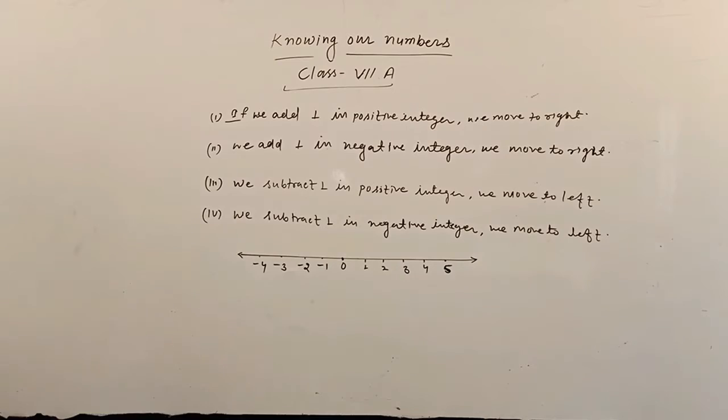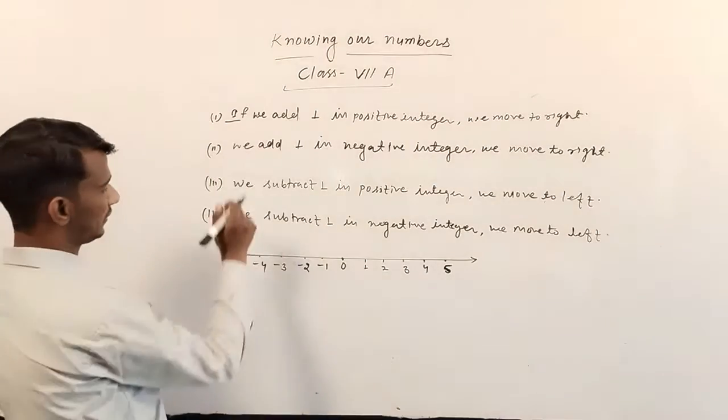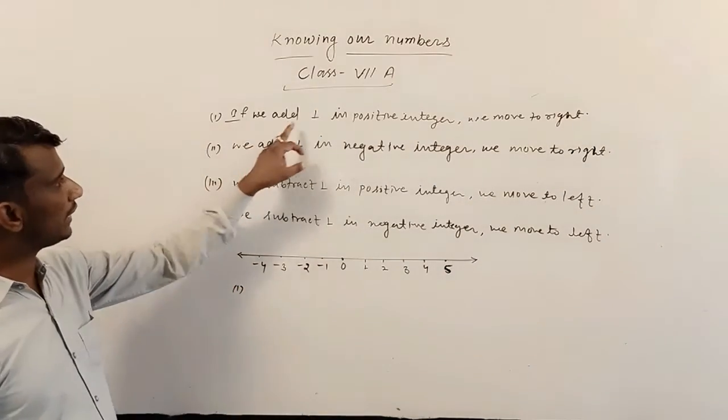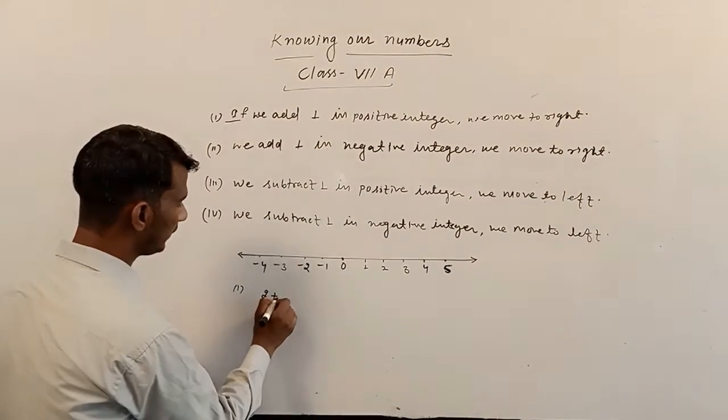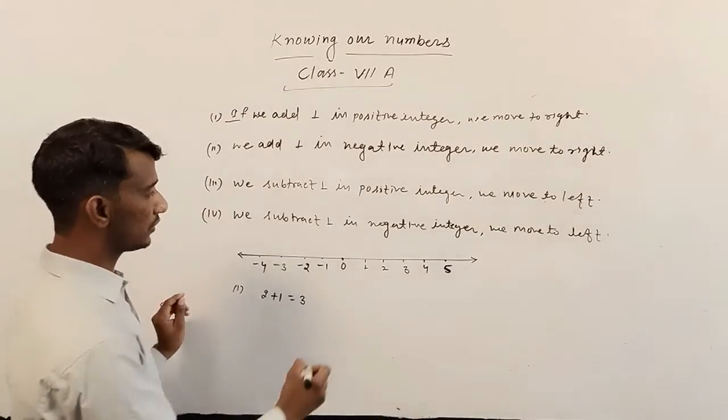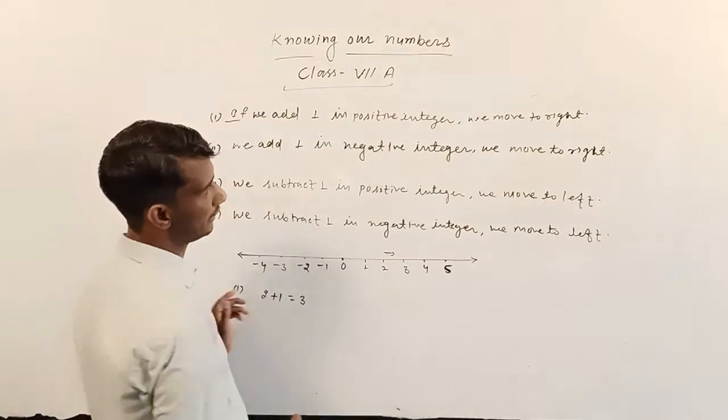Now start. First form: if we add 1 to a positive integer, suppose we take the positive integer 2 and add 1, so we get 3. So the direction will be right.